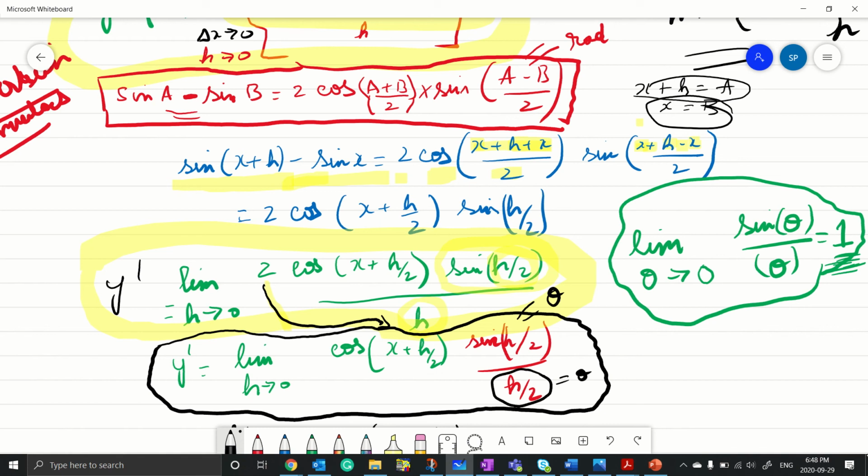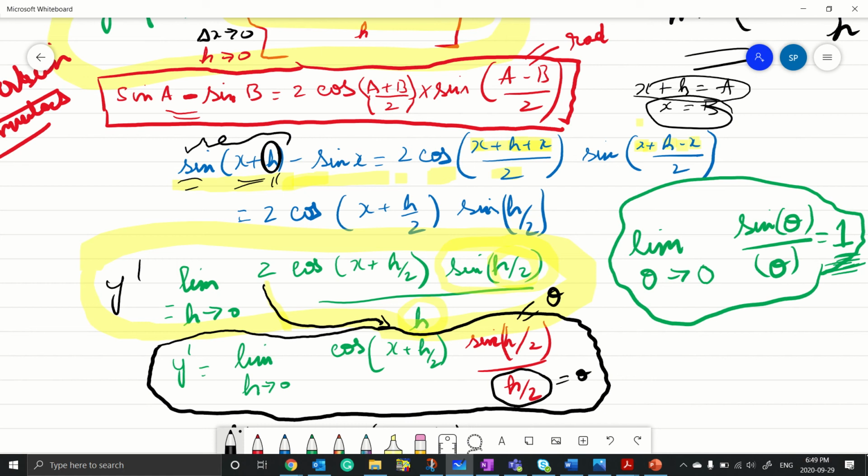Also, you have to remember that since this function is operating in trigonometry, h is actually in radians, because it is an angle. So h by 2 will also be in radians. There won't be any confusion whether it is a number or something else, because sine can operate only on angles, in radians or, for convenience, sometimes in degrees.